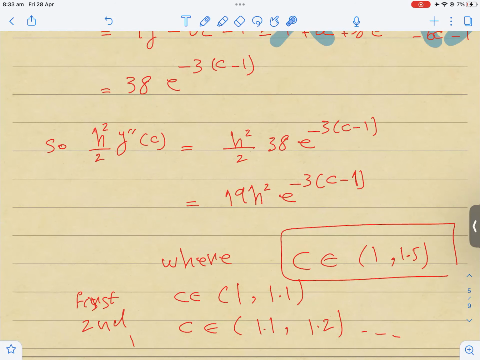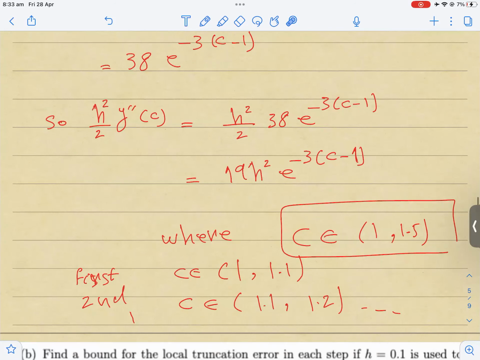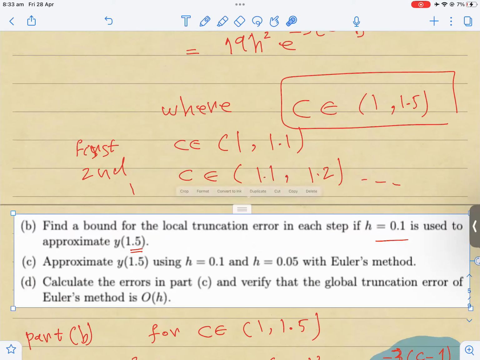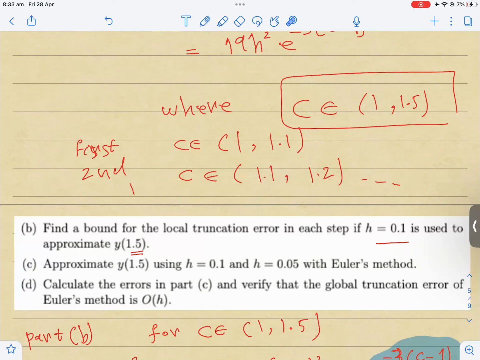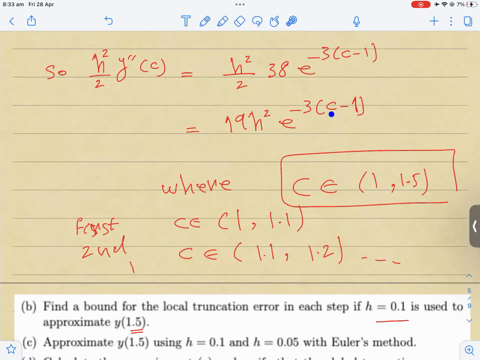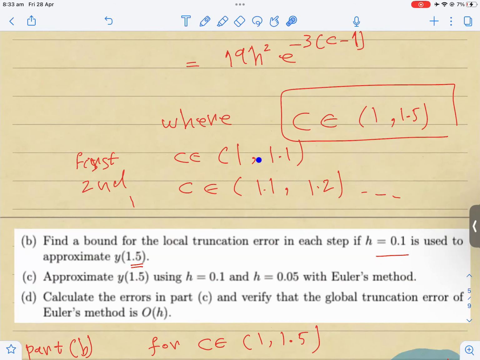But in part B, it says this guy here, 1.5. So here you see that c is between 1 and 1.1. If I assume this h is 1/10, okay, so c is here, or c is here, but anyway the union of them is this.